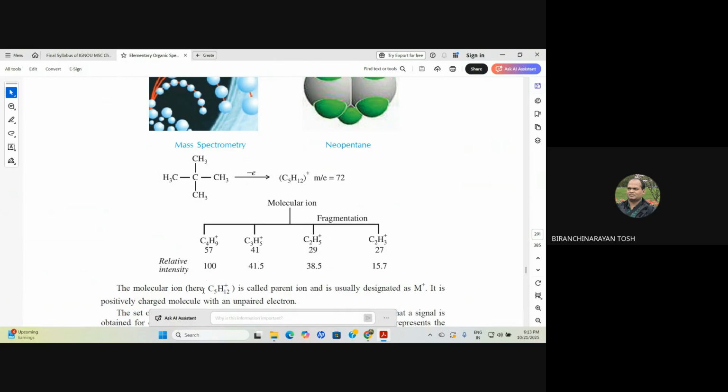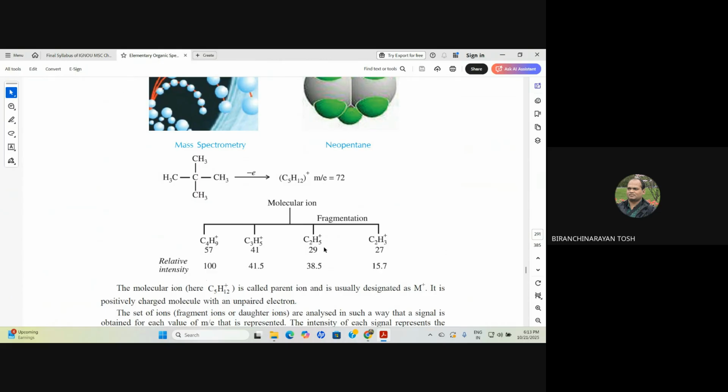So the molecular ion here, that is C5H12, is called the parent ion, which is generally designated by M plus, and others are daughter, that means fragmented ions.